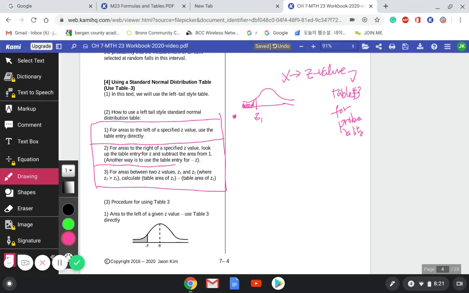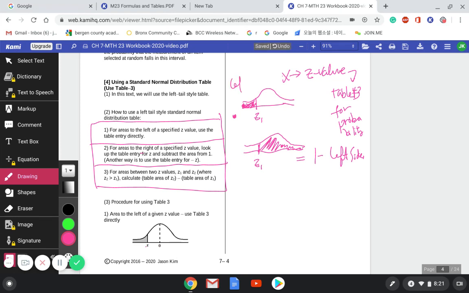The second case is that it's not coming from the left; they are not looking for the probability on the left side of the z value. They are looking for the right side from z1. Then the way you do it is 1 minus the left side to get the right side.